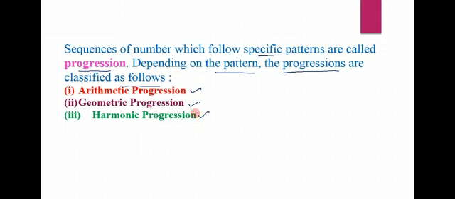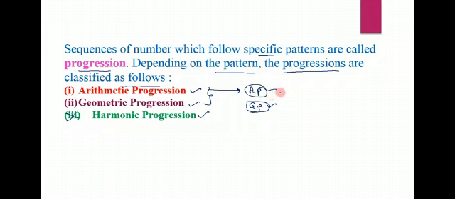In class 10 we do not need to discuss harmonic progression. We will discuss only these two, but in this section I am going to explain only arithmetic progressions. For GP I am going to make another video, so you need to wait until then. Let me explain the concepts regarding arithmetic progressions in this video.